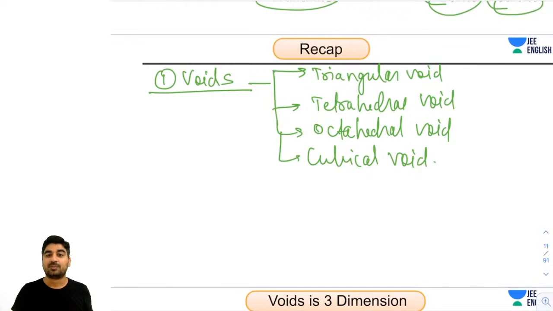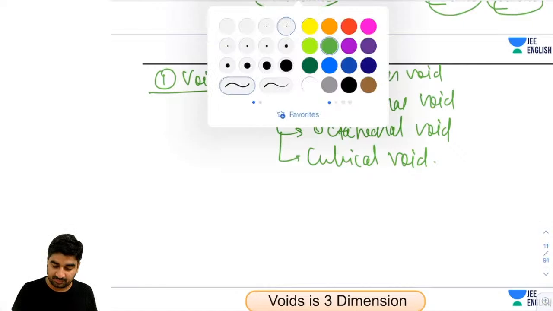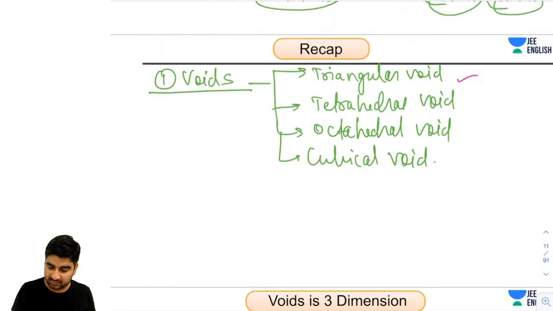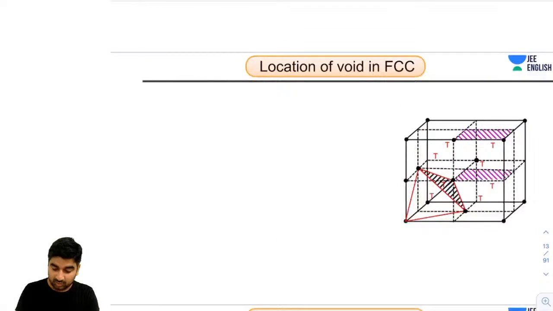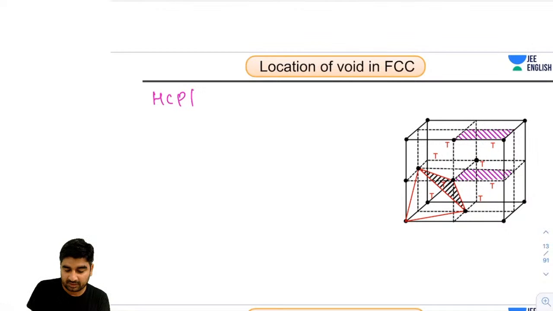So guys, these all voids we did in the previous class: triangular void, tetrahedral, octahedral, and cubical void, right? Location of void we talked. Actually in HCP and in CCP, there are two types of void.